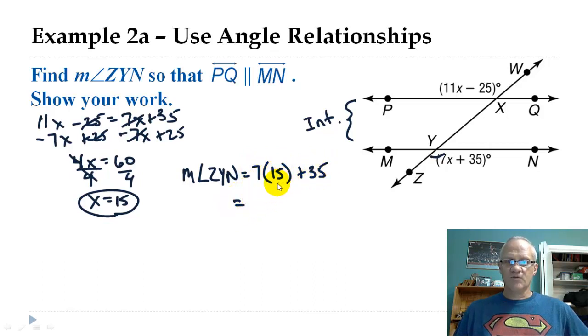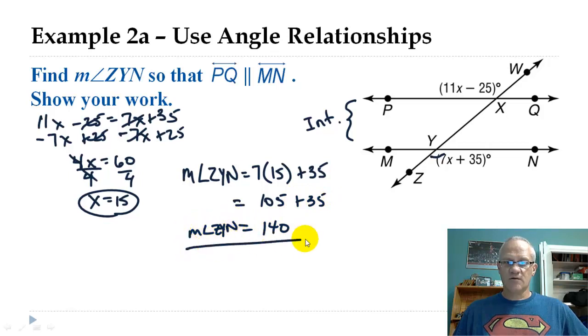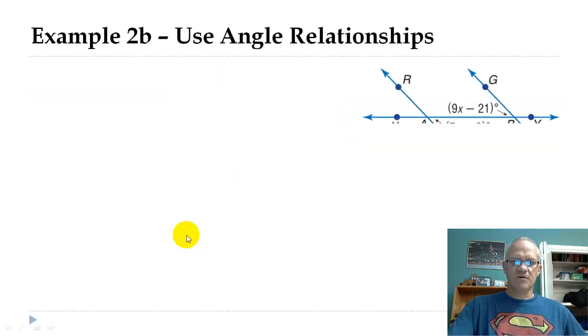And so that'll be 105 plus 35, which equals 140. So the measure of angle ZYN equals 140. Just like we did before. So no big difference there.